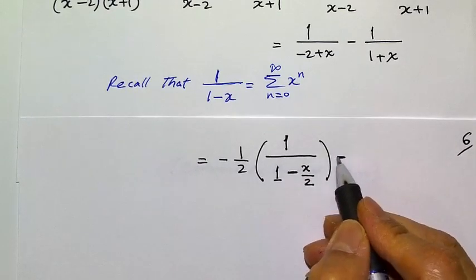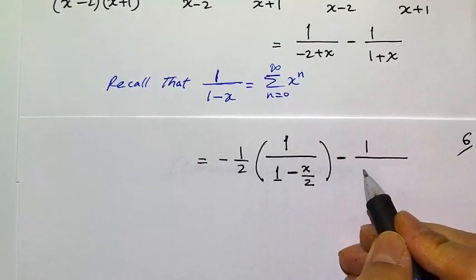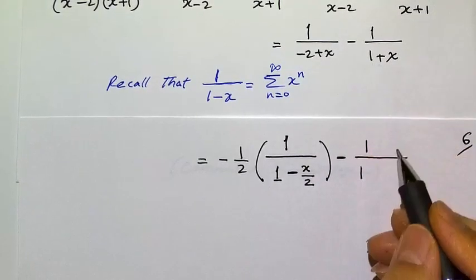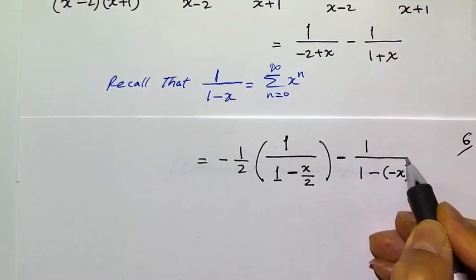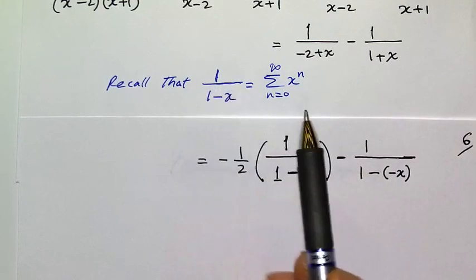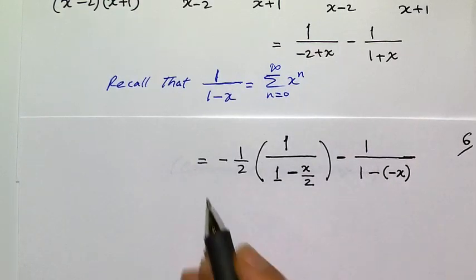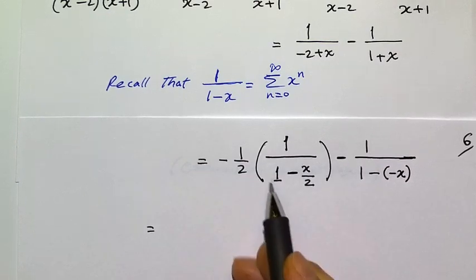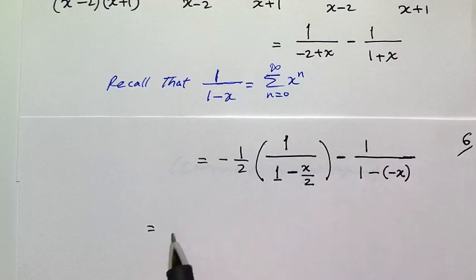Here, we'll have to do some manipulation, but a little less than this. So all we have to do is do 1 minus x. All right? Now, each of these is in this format, so we can manipulate the power series for each one of these accordingly. Okay, so let's replace each one of these with the power series representation.